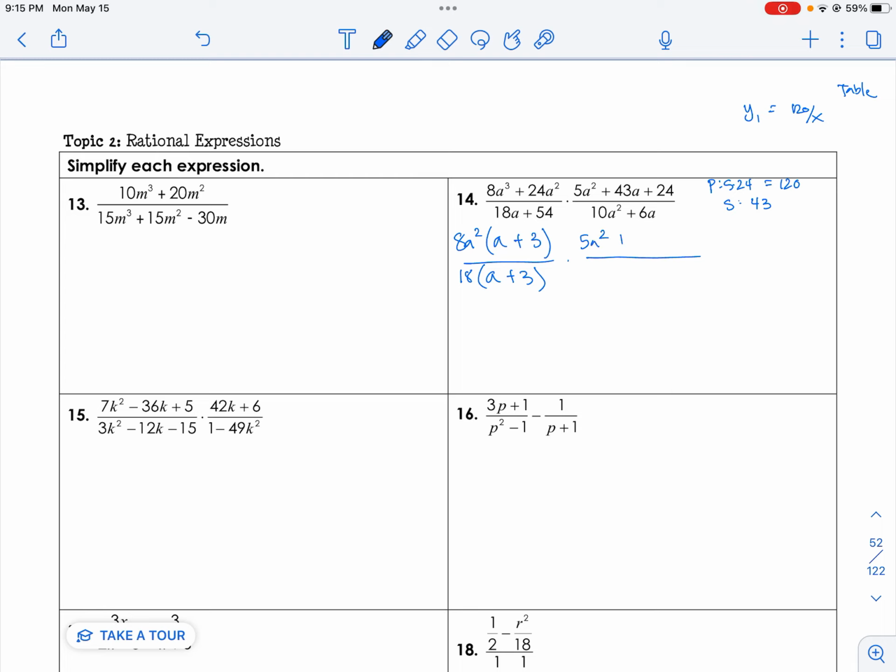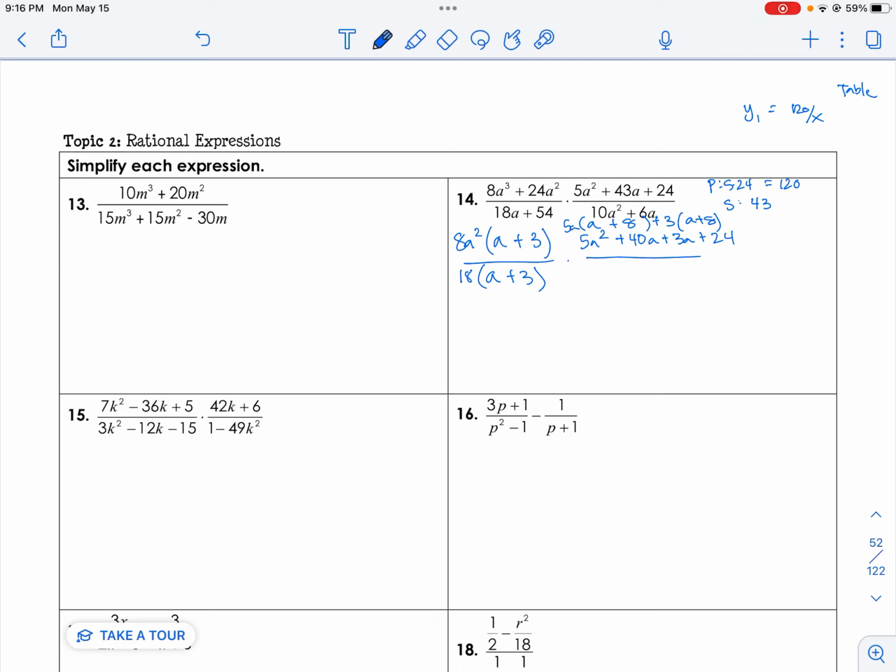So I'm going to do this as 5a squared plus 40a plus 3a plus 24, and factor that by grouping. I'm going to get a 5a outside, and on the inside a plus 8, and then over here 3, and get an a plus 8.